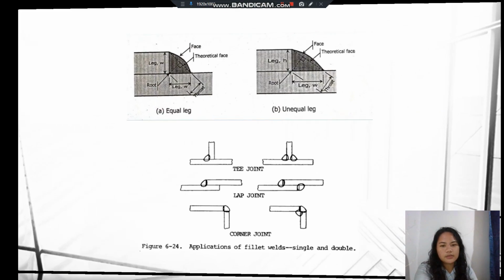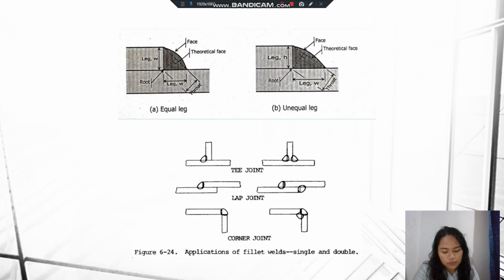So next. So in fillet welds then it can be either equal leg or unequal leg. Dito sa equal leg or sa unequal leg, may root na tinatawag. So ito yung intersection mismo sa may original face.